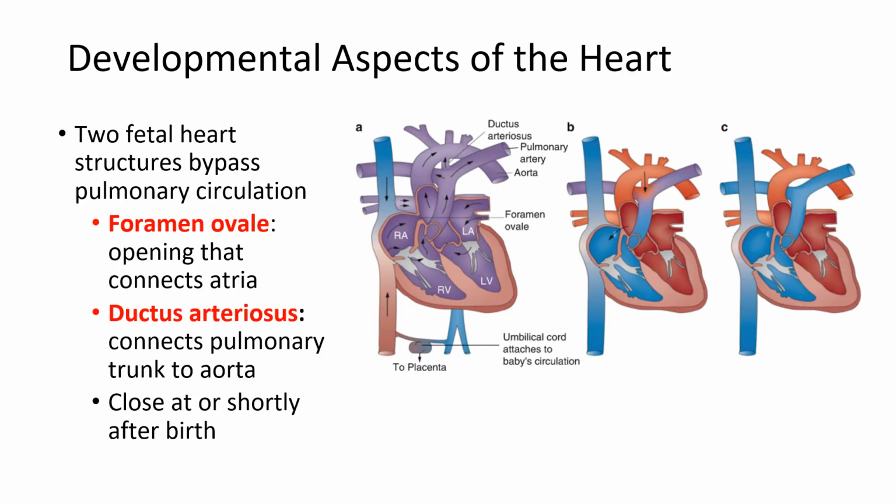So talking about some embryological developments of the heart, there are two fetal heart structures that sort of bypass pulmonary circulation. And you have to think it's because of the fetus needing nutrients and oxygen exchange from the mother. So the heart hasn't completely developed yet.